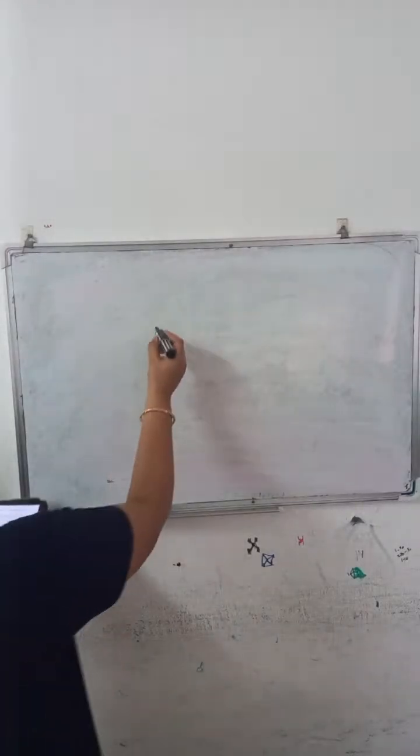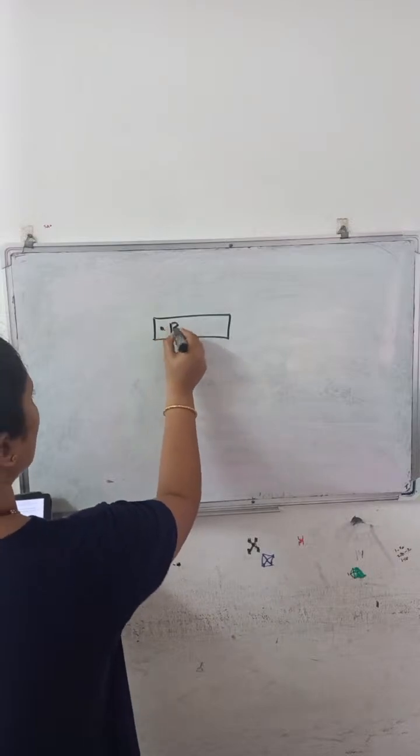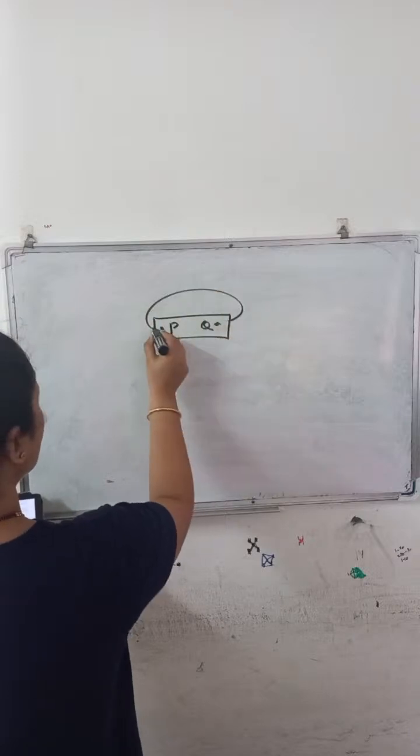Very important question. So this kind of question they will mostly ask. Here they gave this as P and this as Q, and they gave the loop like this.